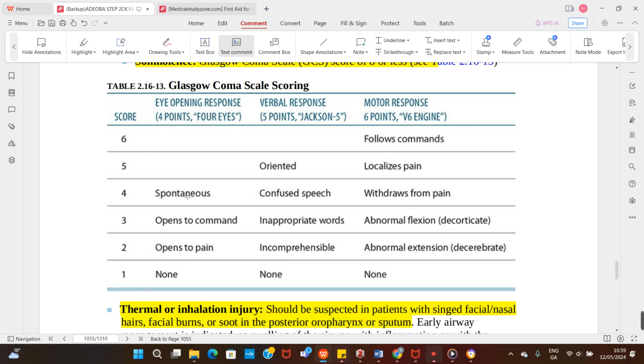So looking at the eye opening, you assign a score of 4 if the patient opens his or her eyes spontaneously. If the patient opens the eyes only to command when you call, 3. If you call, the patient doesn't open, but if you try to inflict pain, the patient opens, 2. If the patient doesn't open at all, that's 1.